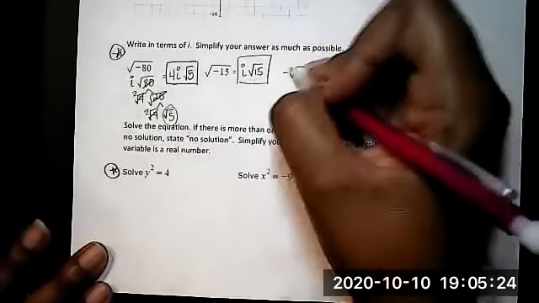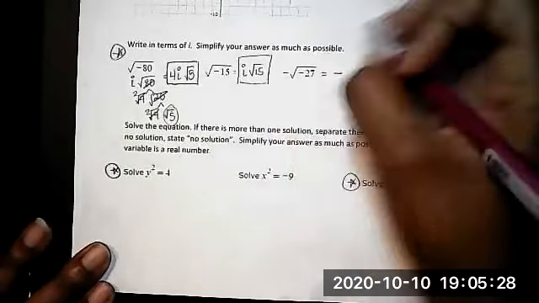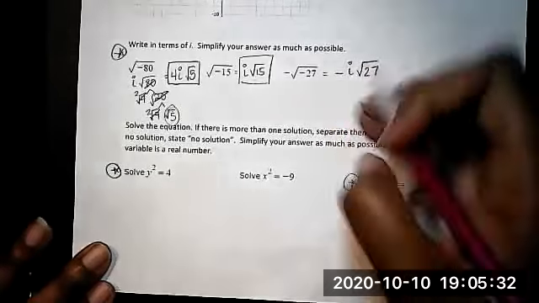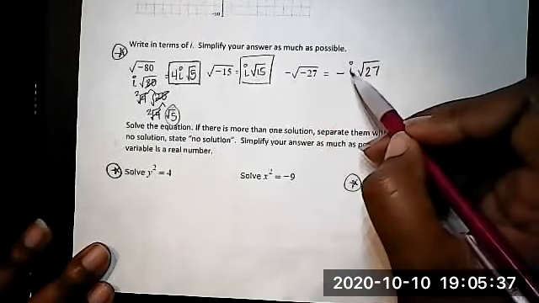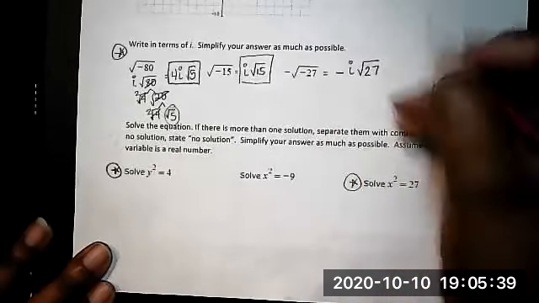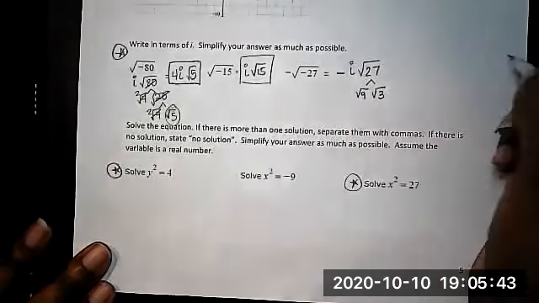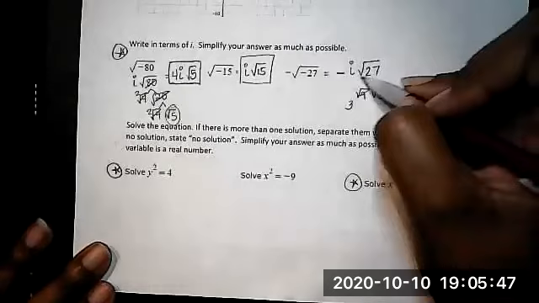Okay. So this one, you have a negative on the outside, but then you also have a negative in here. That one becomes i, okay, negative i on the outside. I left the negative there. That negative inside the square root came out to be an i. 27 has a perfect square. I think it's 9 and 3, okay. I'm going to bring that out to be 3.